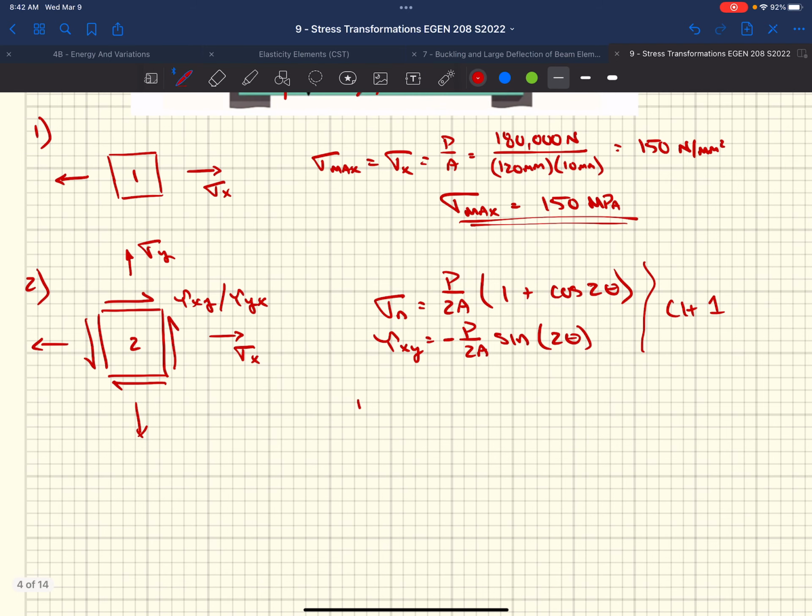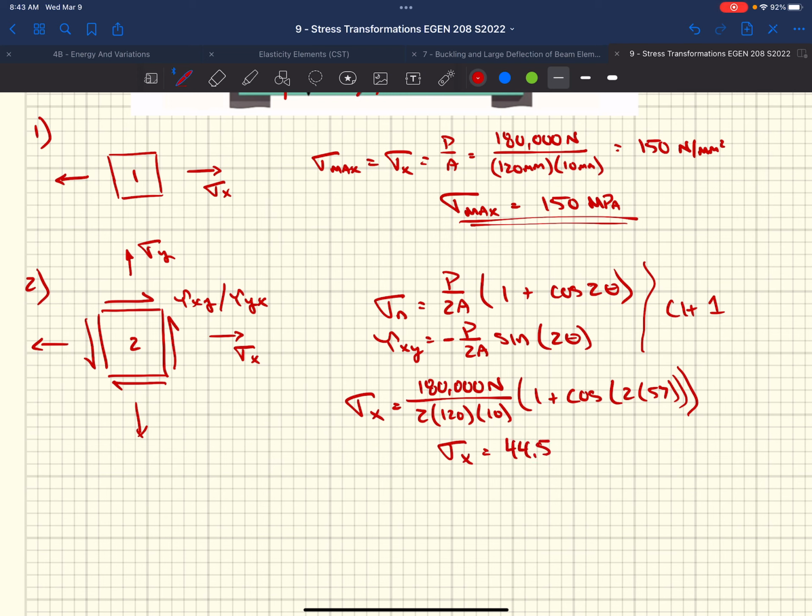So if we look at sigma x, we could plug this in: 180,000 newtons over 2 times the area, which is 120 times 10, times 1 plus cosine of 2 times 57. We get sigma x equal to 44.5 megapascals.